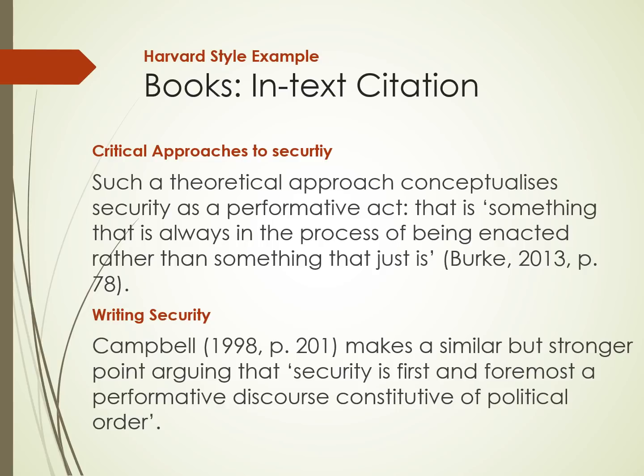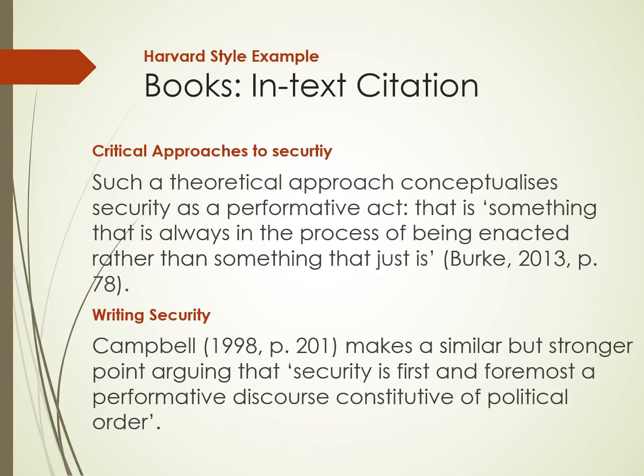The second example of an in-text citation, Campbell, open brackets, 1998, page 201, makes a similar but stronger point, arguing that security is first and foremost a performative discourse constitutive of political order. Now you'll notice that in both cases I'm using a direct quote from my sources, but the in-text citation looks a little bit different, and that comes down to how I'm introducing the direct quote.